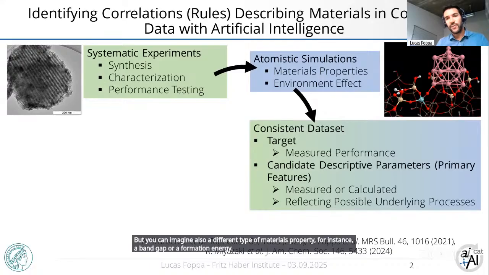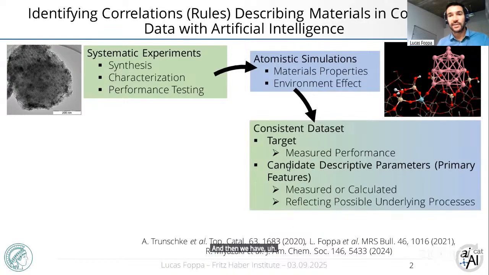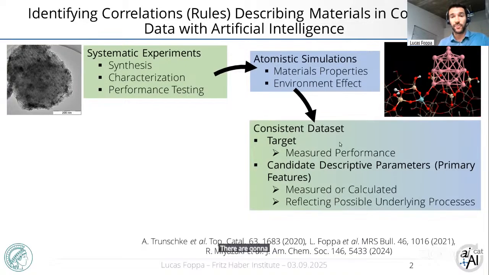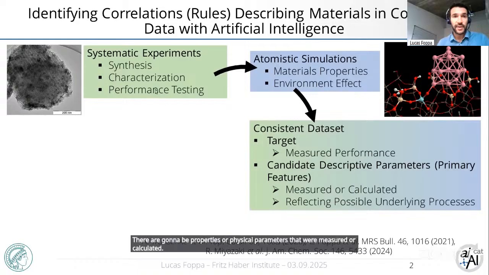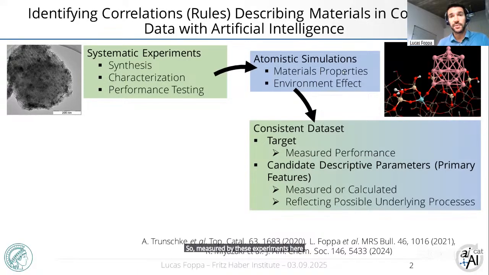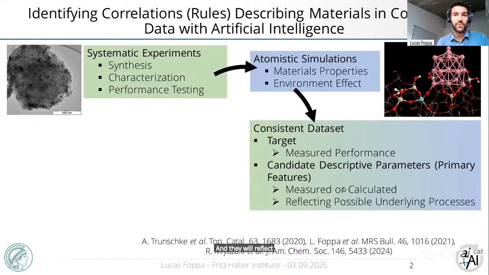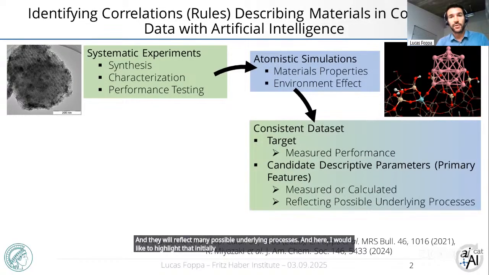And then on the other side, we have candidate descriptive parameters, which I will call primary features in the context of SISSO. These are going to be properties or physical parameters that were measured by the characterization experiments, or calculated by the simulations, and they will reflect many possible underlying processes. And here I would like to highlight that initially, when we start the analysis, we might not know which are the important processes.